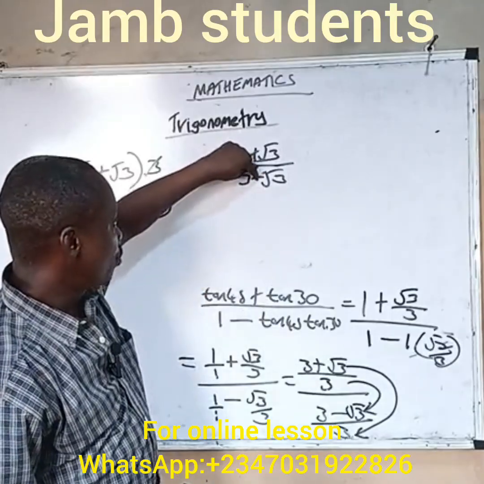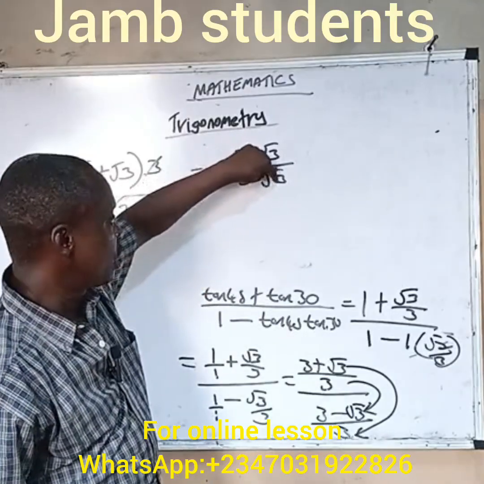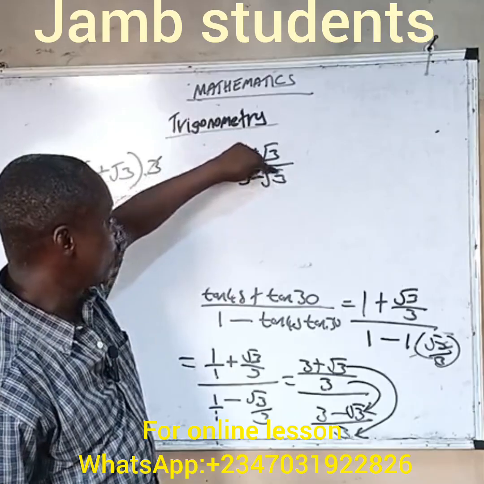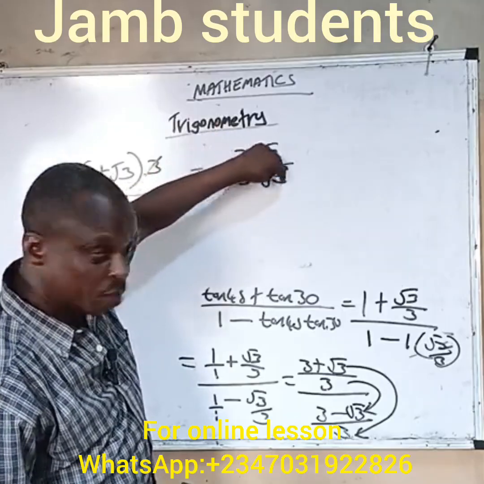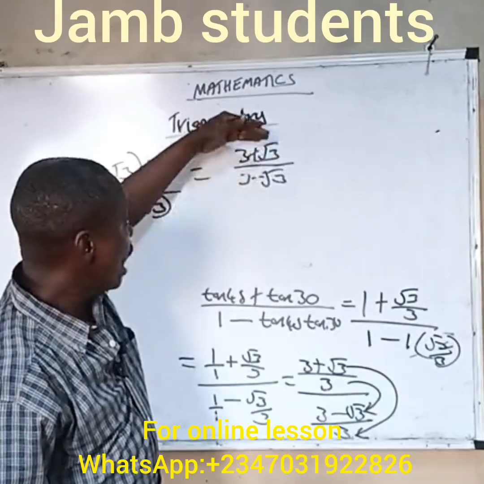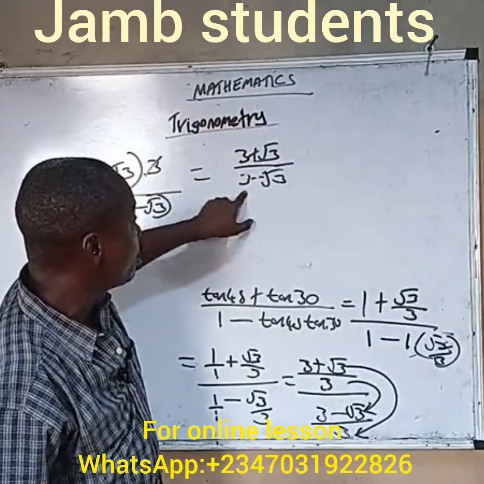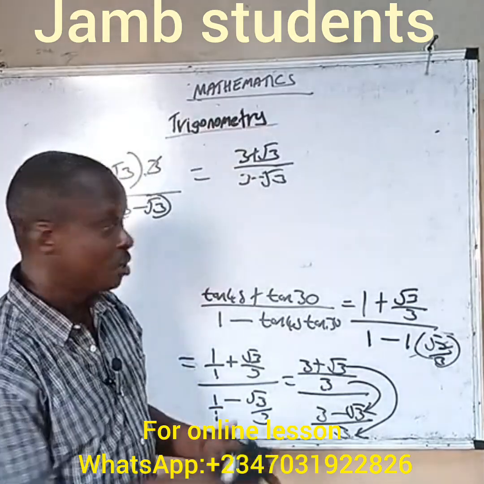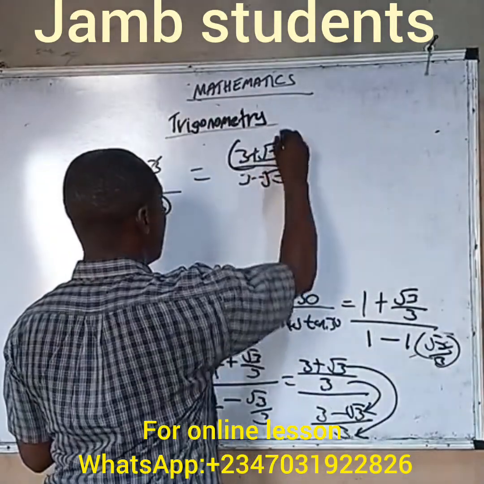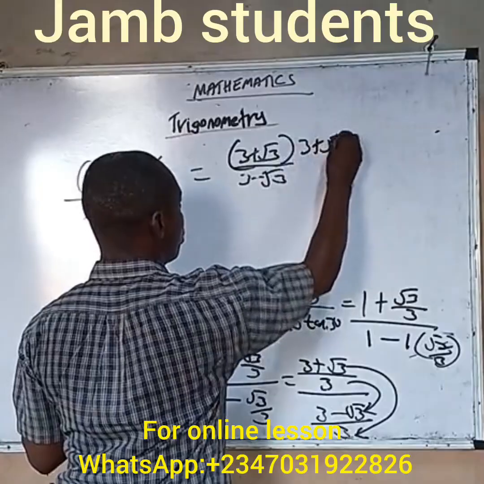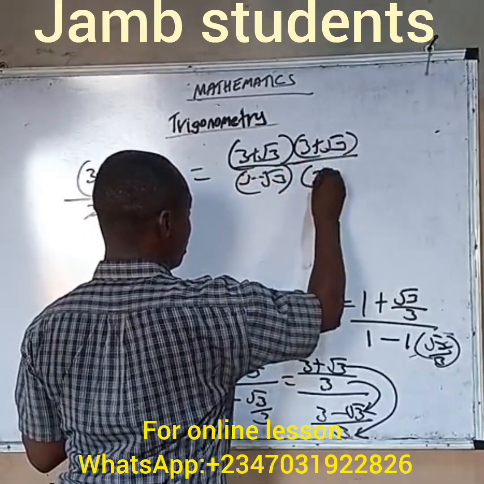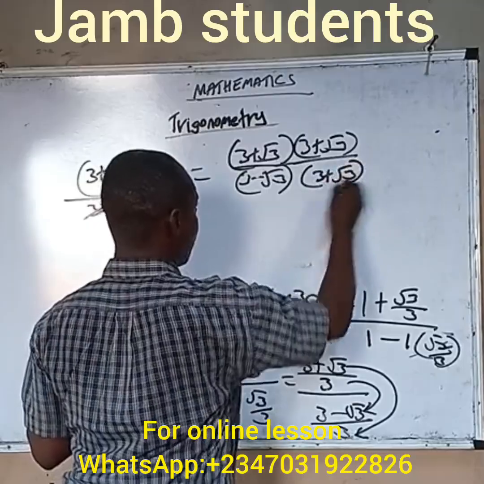If the sign is minus, as in 3 minus root 3, the conjugate will be 3 plus root 3. So we multiply top and bottom by 3 plus root 3.